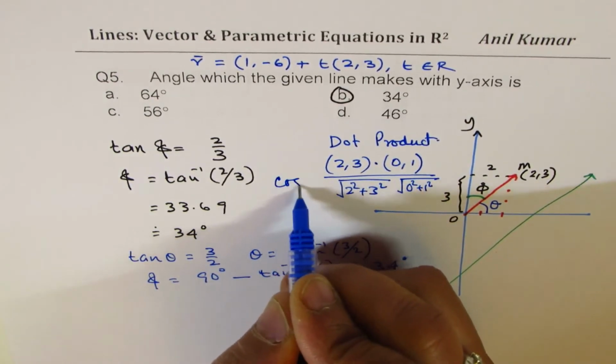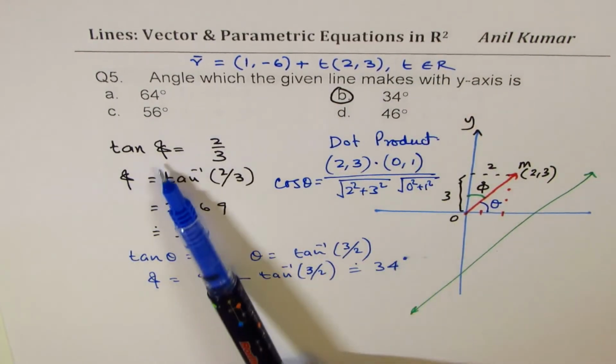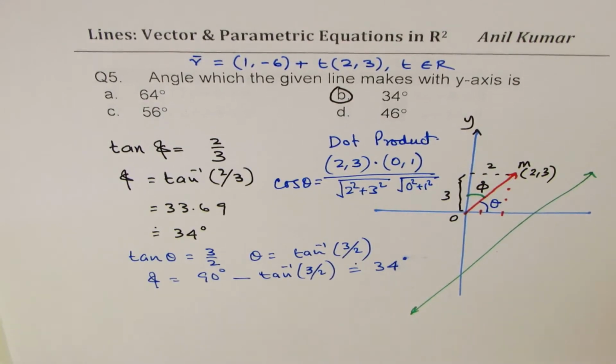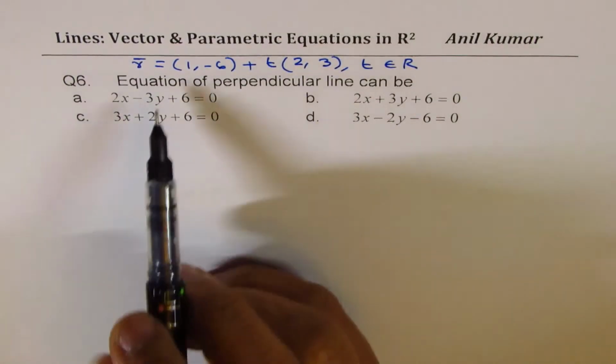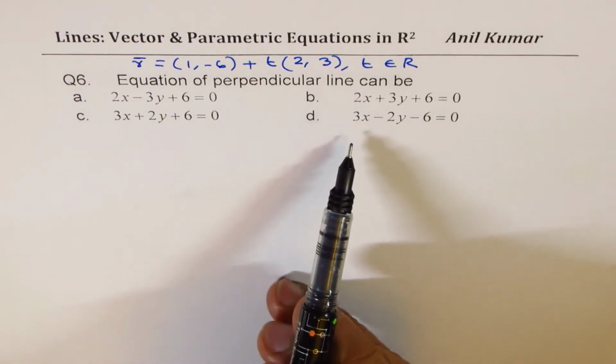And then you know what cos theta is. Good. So you could use any of these three methods to find the solution. However, the simplest method is the one I've shown you in the very beginning.